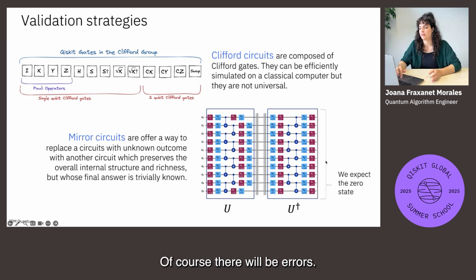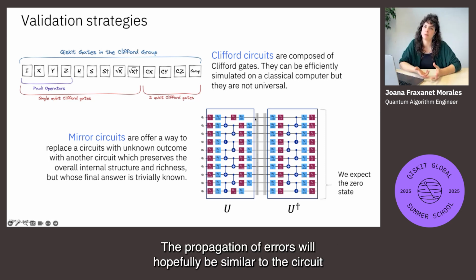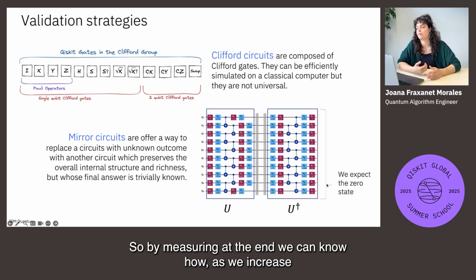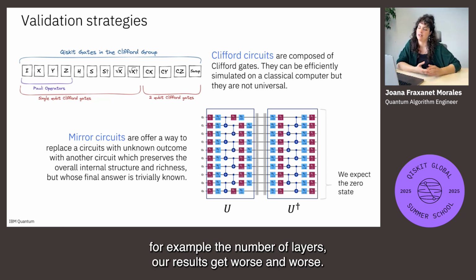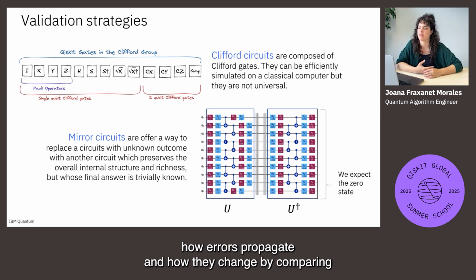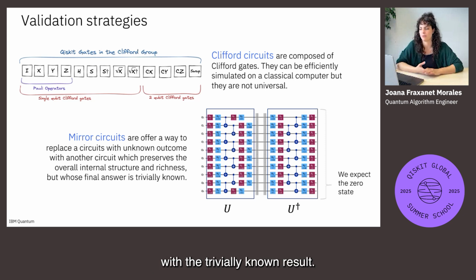Of course, there will be errors. The propagation of errors will hopefully be similar to the circuit that we had at the beginning, so just U, that will affect this state. By measuring at the end, we can see how, as we increase, for example, the number of layers, our results get worse and worse. So these two techniques allow us to understand a bit better how errors propagate and how they change by comparing with a trivially known result.